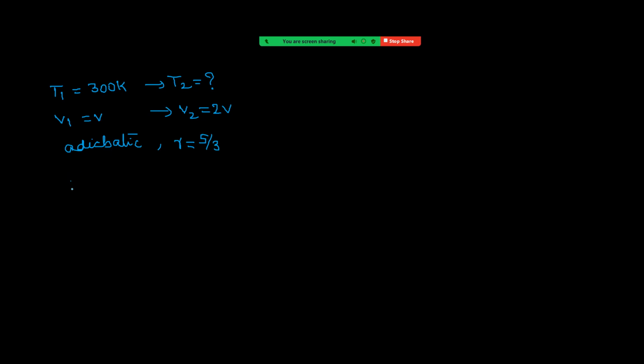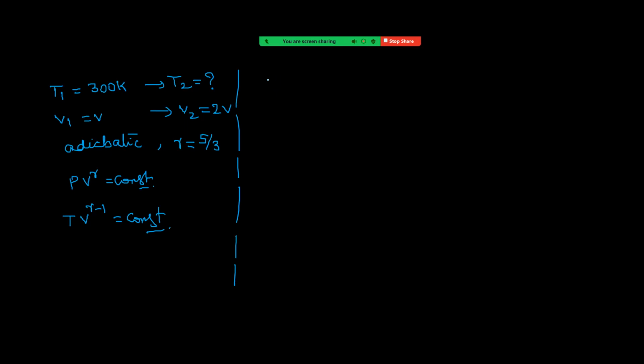So we have learned P V power gamma equal to constant. Next, T V power gamma minus 1 equal to constant. So we have to use now T V power gamma minus 1 equal to constant. Let us see.